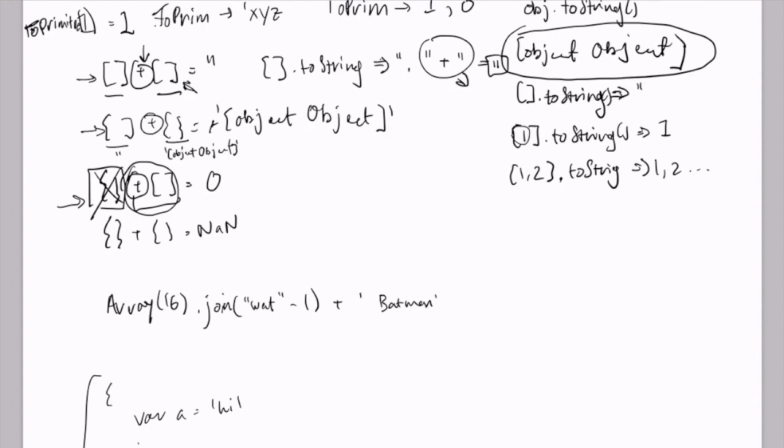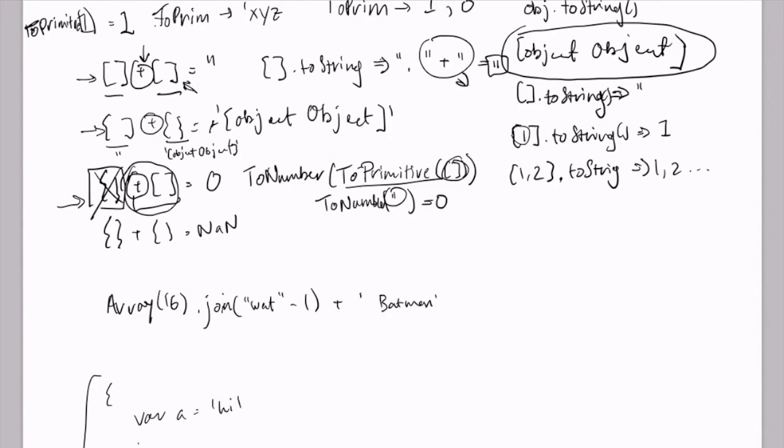Unary addition tells us to do toNumber of toPrimitive of this empty array. That's just in the specification. Casting this empty array to its primitive value, as we've seen before, gives an empty string, and casting an empty string to a number is just 0.